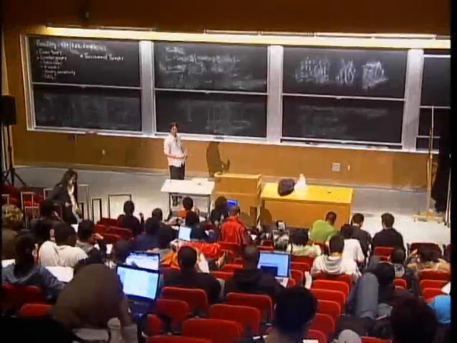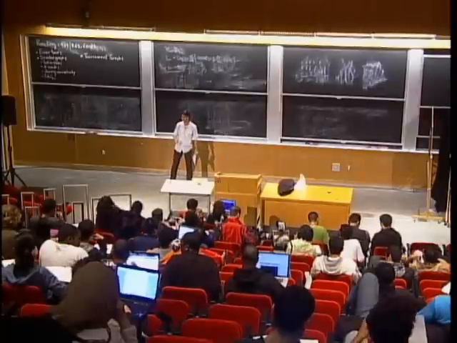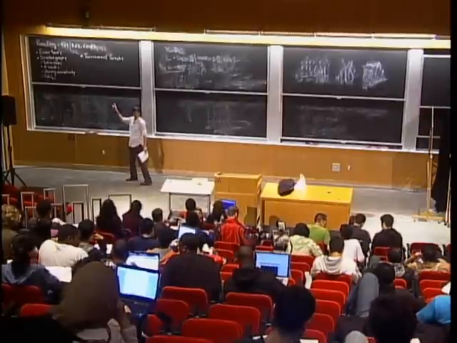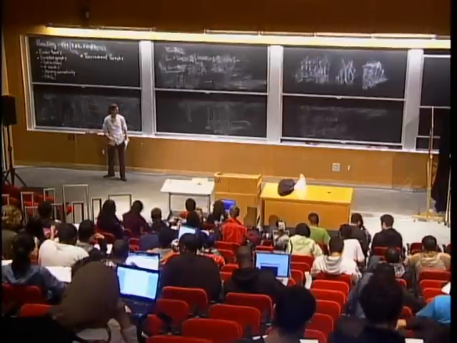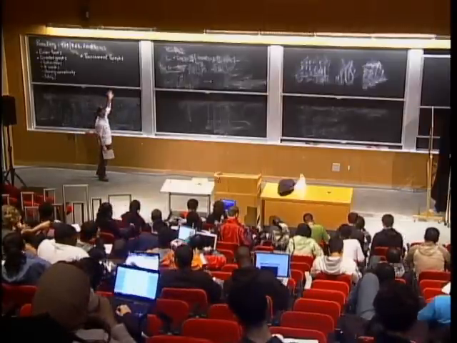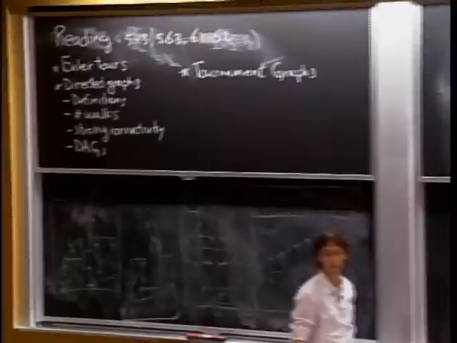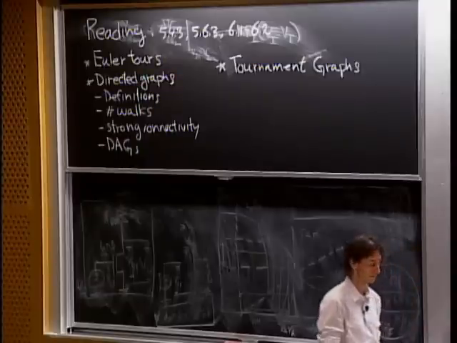So today we're going to continue our course on graph theory. It's going to be a mixture of all kinds of topics. We first start off with Euler tours, and then we get into directed graphs and cover the definitions. And we'll talk about a special type, which are called tournament graphs. And we will do a whole bunch of proofs, and hopefully you will all contribute to make this work and think about how to do this.